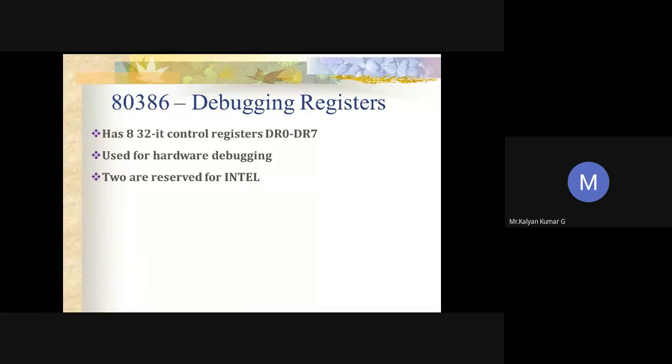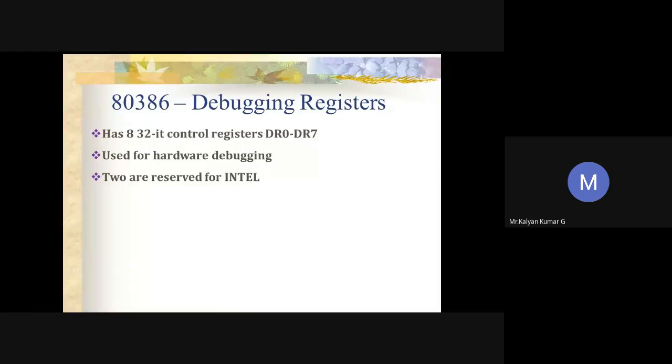Among the eight debugging registers, the two registers DR4 and DR5 are usually reserved by Intel. So you have only six remaining to use.